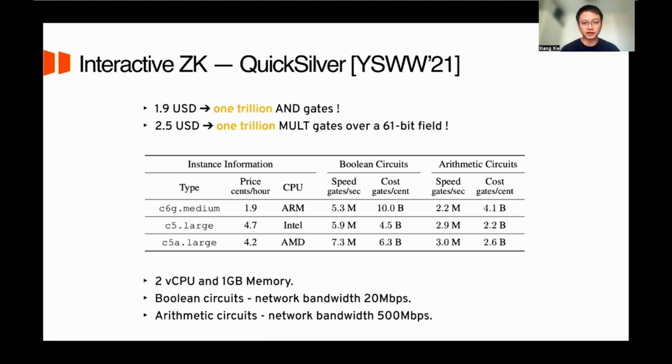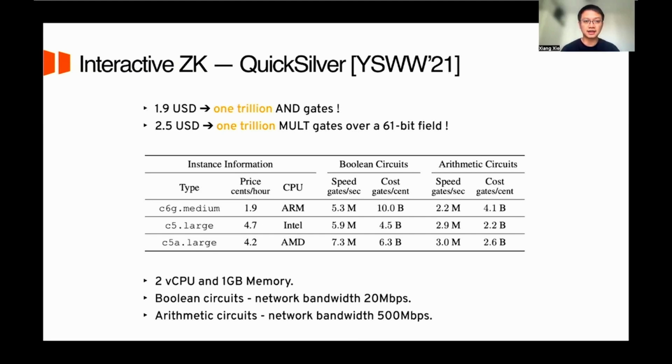So yeah, we are using Quicksilver. Quicksilver was published back in 2021. It's an interactive zero-knowledge proof system, and it can prove Boolean circuits and arithmetic circuits. Especially, it's super efficient in terms of memory, proving time, and communication cost.